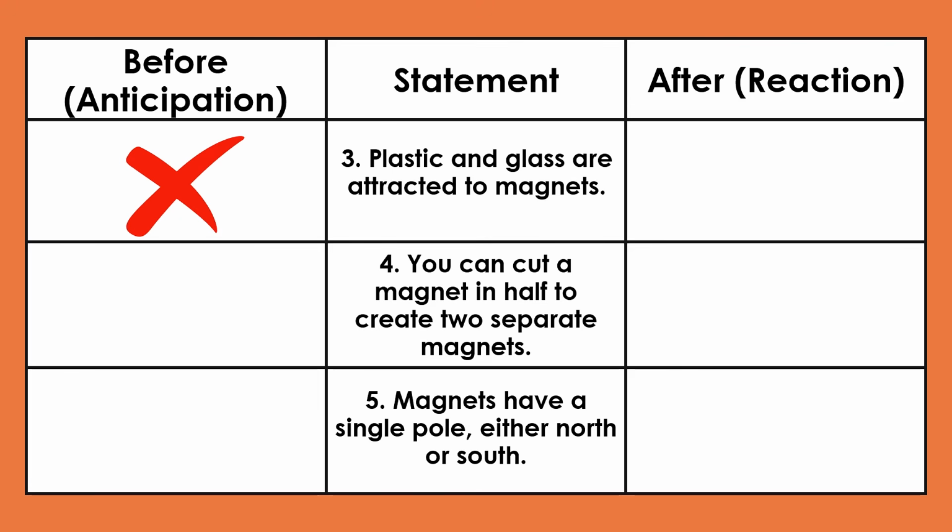You can cut a magnet in half to create 2 separate magnets. The answer is check. Number 5. Magnets have a single pole, either north or south. The answer is X.